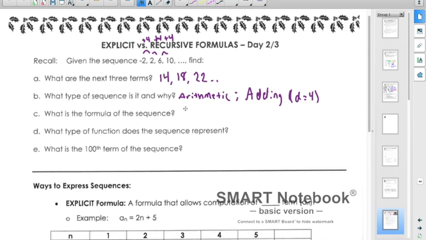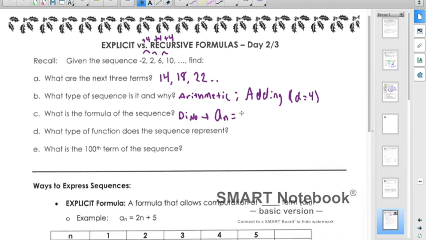What is the formula of the sequence? Again, this is where we use Dino. The difference between the terms was 4. We always write it as A sub n, so the formula starts with A sub n. This is where Dino comes in.